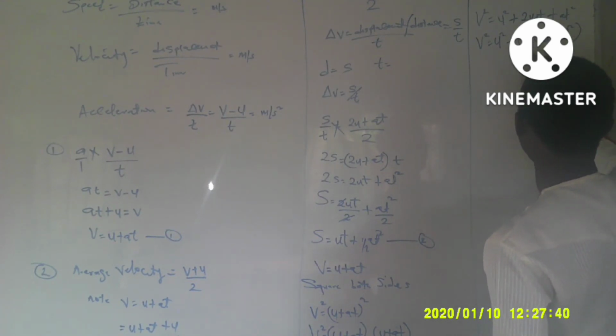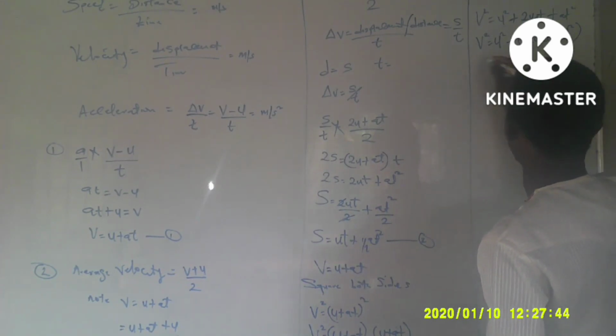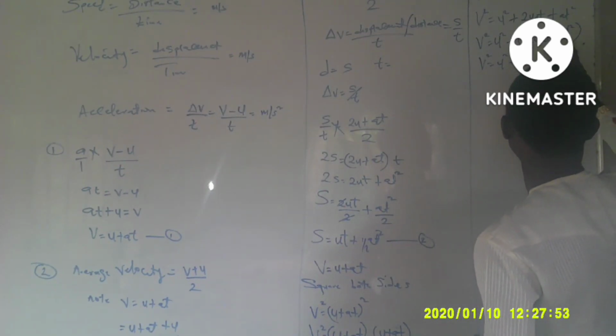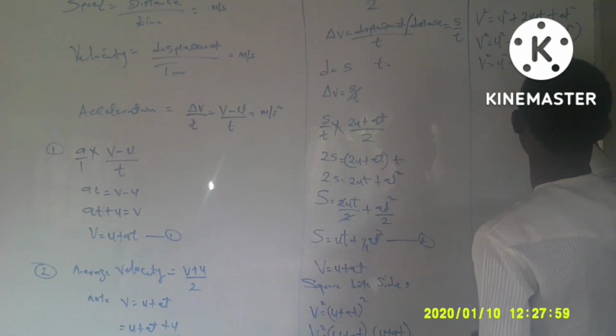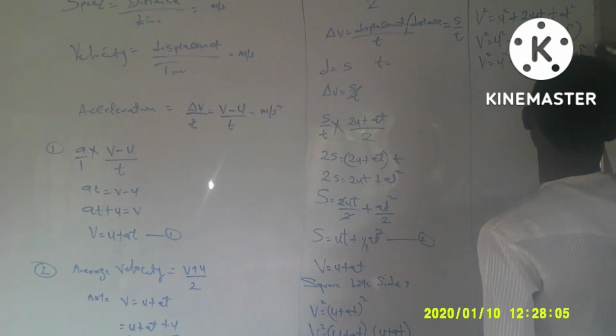So now something is common in these two parameters. v squared is equal to u squared plus, 2 is common. Let's factorize 2 out and let's factorize this a out. So I'm going to have 2a into bracket 2u over 2a plus at squared over 2.